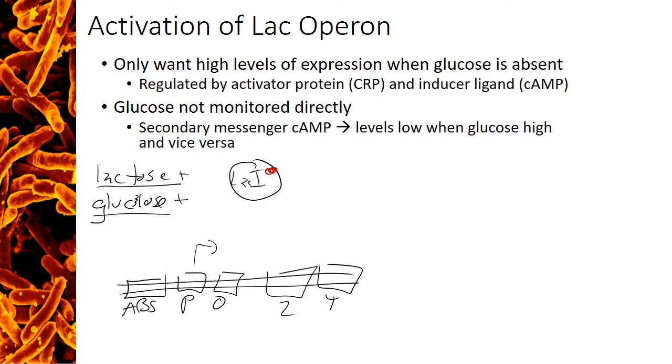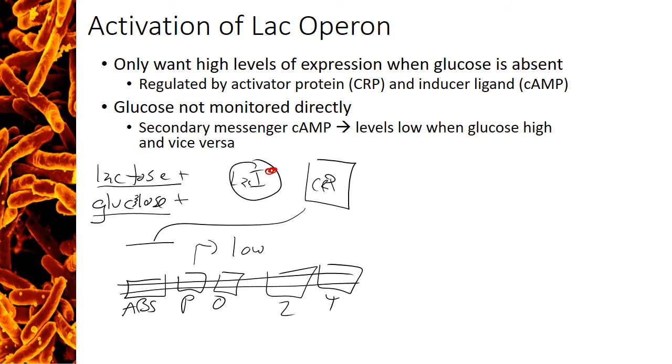So besides the repressor protein, there's also an activator protein called CRP. And when glucose is present, CRP is not able to bind to the activator binding site. So without an activator protein, we just have low levels of transcription.